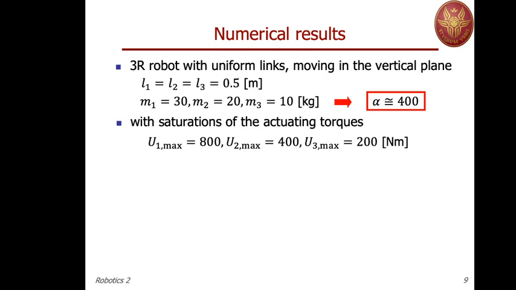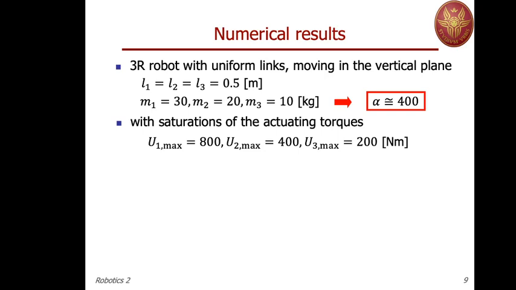If we model with the potential energy and then the gravity term, so the gradient of the potential energy in symbolic form, and we plug in those numbers, then we can easily find that the value of alpha that bounds the gradient of the gravity term is around 400 for this case.